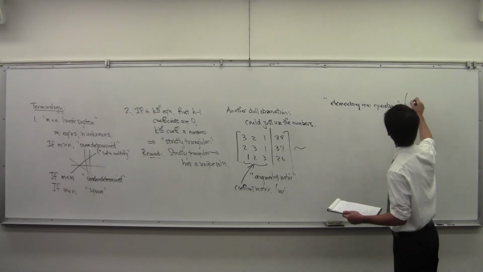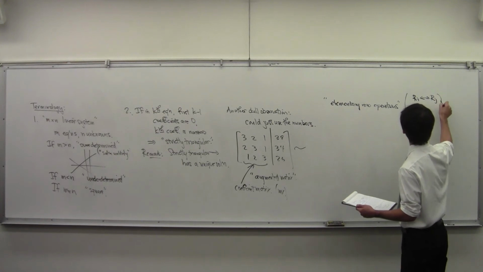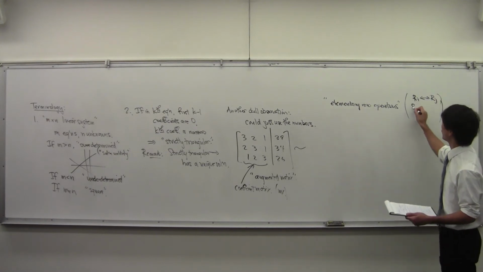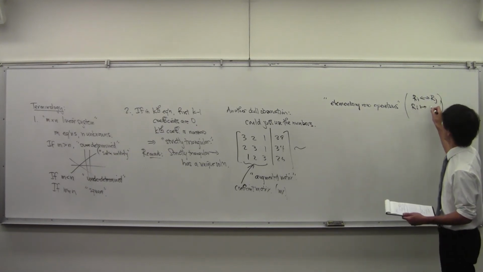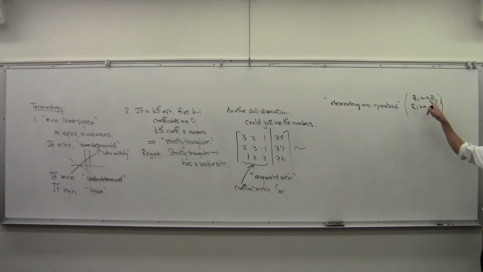Okay, so those were that you were allowed to switch rows. You're allowed to multiply some row by a number, right? So you could switch two rows. You could take one row and change it to some multiple of itself, where alpha is some real number, but not 0.